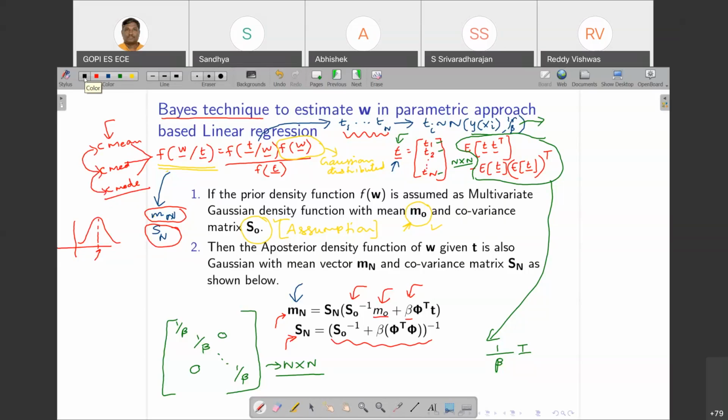Who is telling? If you tell this, then you are in the proper track. Otherwise, I have to discuss everything in the next class. Anyway, we will discuss this one in the next class. But somebody type in the chat window, what is the estimate of the random vector W? Are you able to hear?